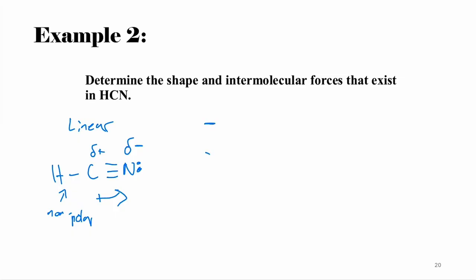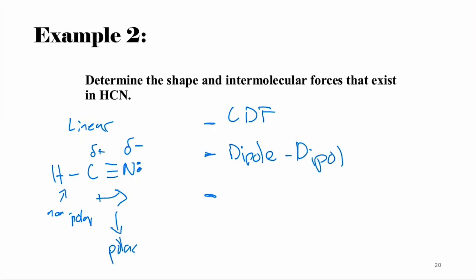So what forces are going to be present? What do we know is there for sure no matter what? London dispersion forces are always going to be present because that's in everything that has electrons. And what else is going to be present? Dipole, because we have a permanent polar molecule, or a permanent dipole in the molecule, which makes it polar. And the only other one we can have is hydrogen bonding.